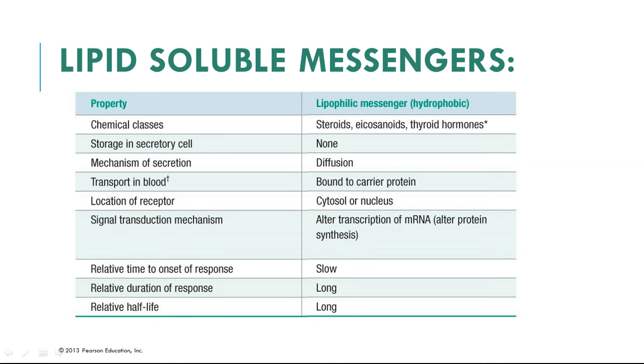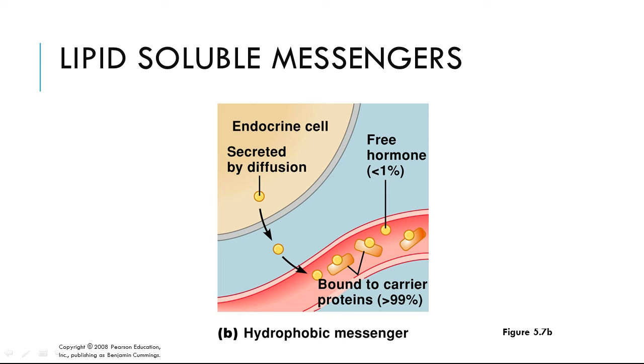This will hopefully help you put it together if you refer to figure 5.7b in your textbook. An endocrine cell or endocrine gland is shown here because the bulk share of our lipophilic messengers are steroid hormones. And so they are transported in the blood. And I think this may answer your question, Riley, like where do they interact with the transporter, and do they all have to bind to a transporter, okay?